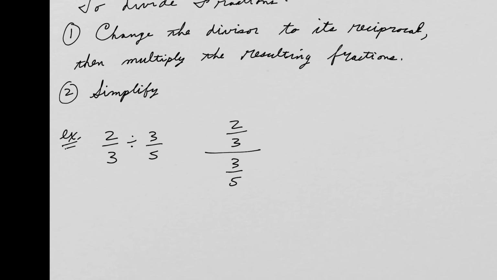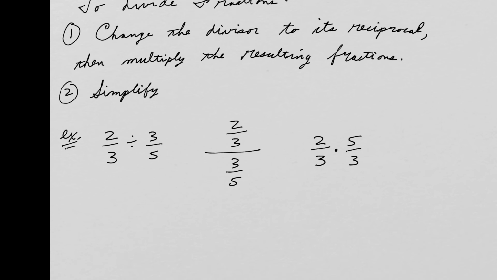Either way, what you do is the first fraction stays the same, so it stays as 2/3. Right? It's called the dividend. And the second fraction, the divisor, you have to flip it. So instead of 3/5, it becomes 5/3. And now you multiply. So you multiply by the reciprocal of the divisor, right? You flip the second fraction.